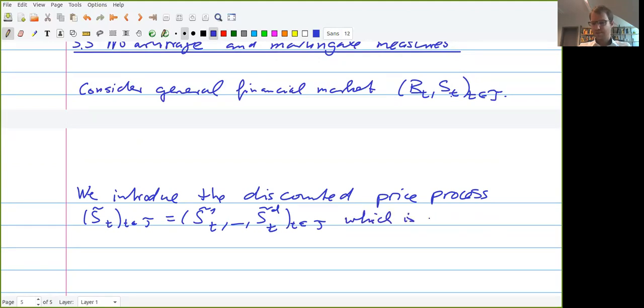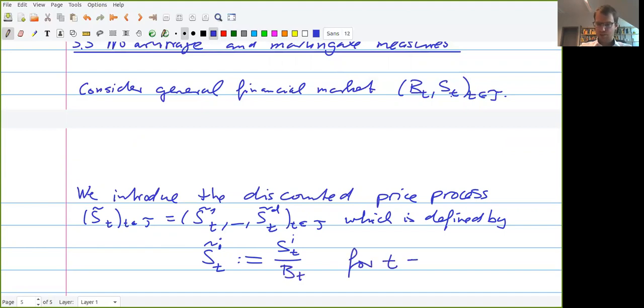Which is defined by, right, S tilde i at time t, so the i-th risky asset at time t, is just the price of the i-th asset at time t discounted by B t. For t in the index set, and we have d assets, so i can be a number between 1 and d.